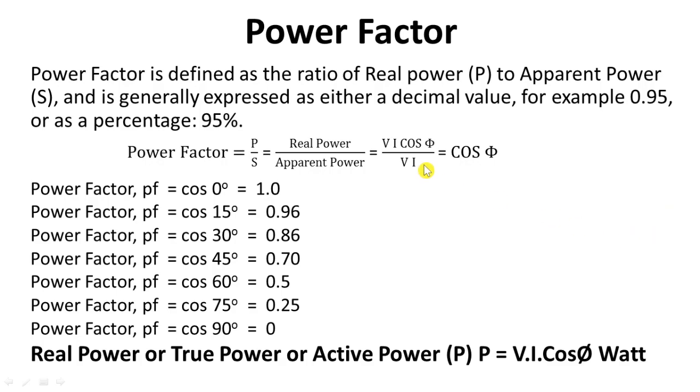This way the power factor point is important. What is the definition? It is the ratio of real power to apparent power, meaning VI cos phi divided by VI, which is cos phi.